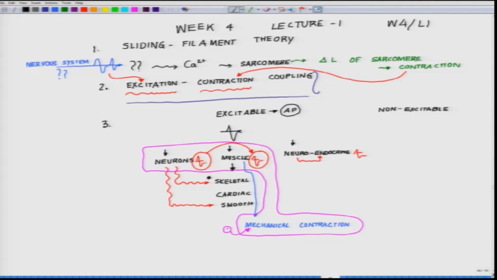There is a neuron which is sending a signal to the muscle, and then the muscle does a mechanical action or mechanical contraction. There is a time which the neuron takes to send the signal to the muscle, followed by the muscle's own electrical activity, and these add up to that delay time.